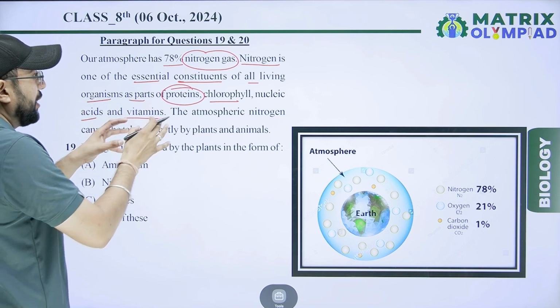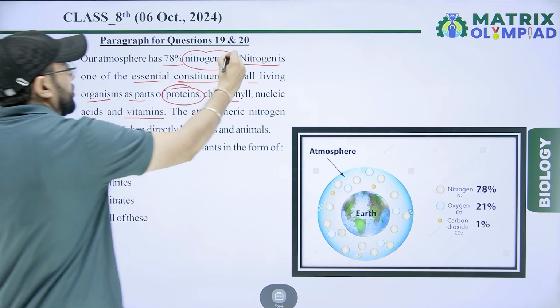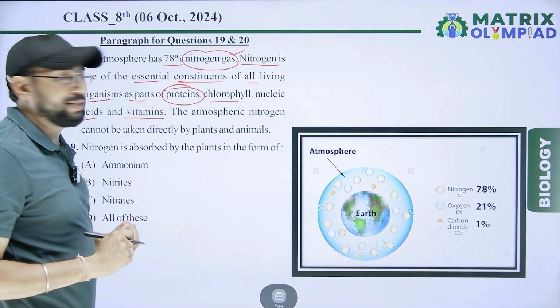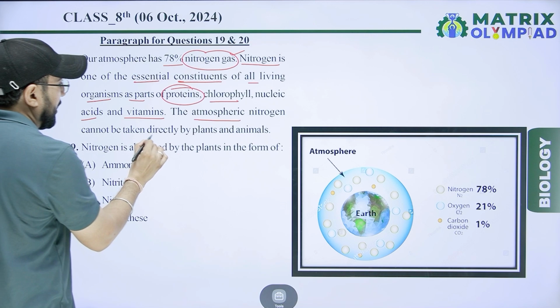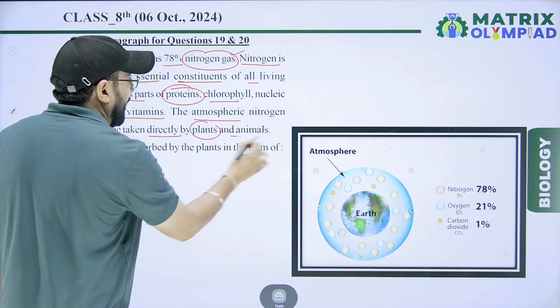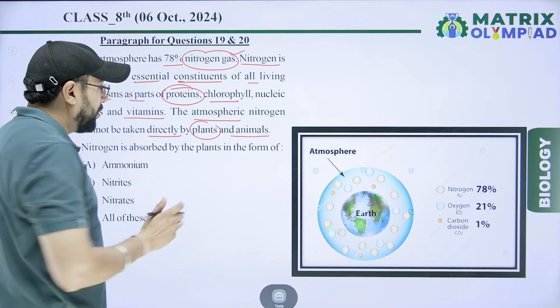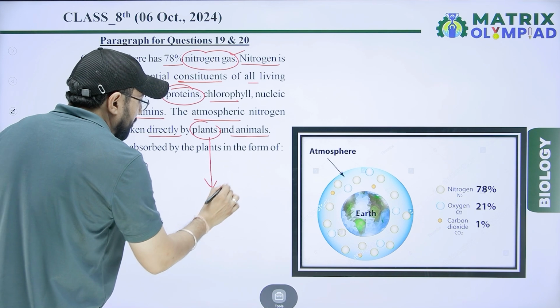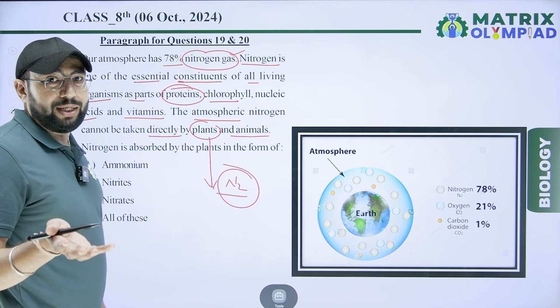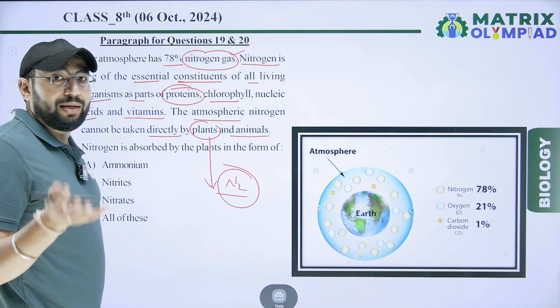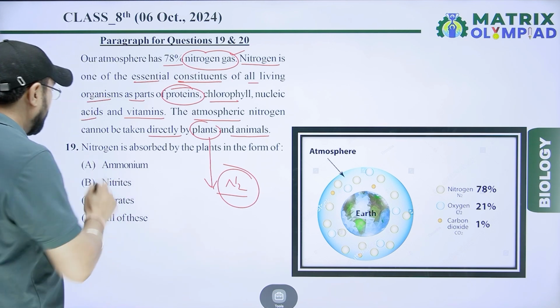These are formed by nitrogen and their components. The atmospheric nitrogen cannot be taken directly by plant and animal because plants consume atmospheric nitrogen in the form of their components: nitrate, nitrite, ammonia, so many components.